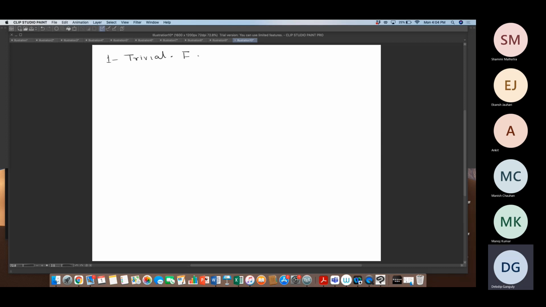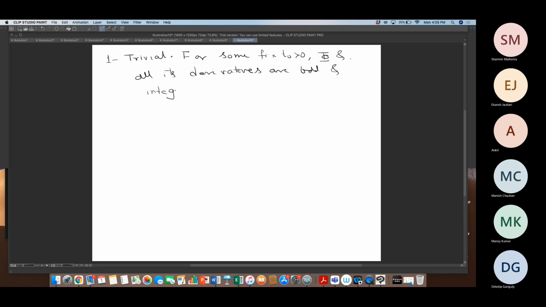For some fixed t naught positive, phi and all its derivatives are bounded and integrable in Rn cross (t naught, infinity).